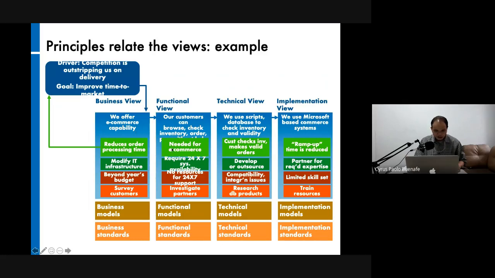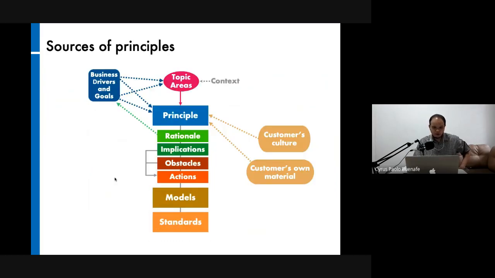And then you have all the other attributes. Then later on, your technical principles: we use a scripts database to check inventory validity. Take a look at the rationale: customer checks inventory, makes valid orders. That's in relation to the functional principle earlier. So now you can see the interconnectedness of the principles, and they relate the views, all four.